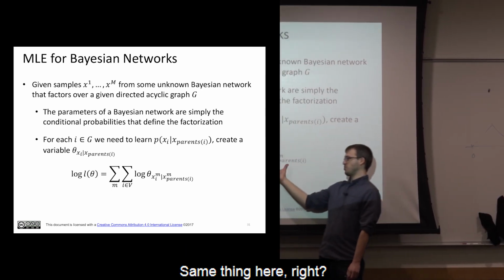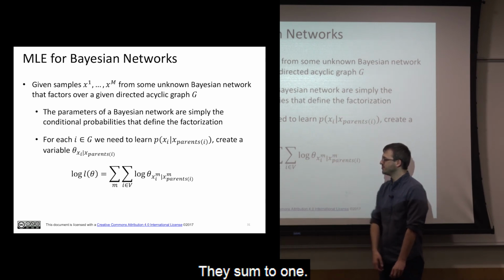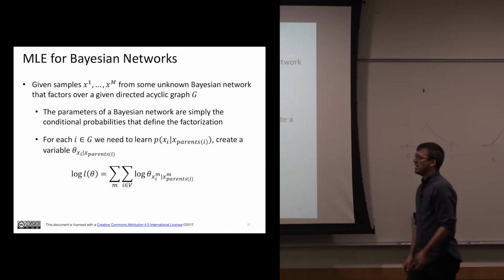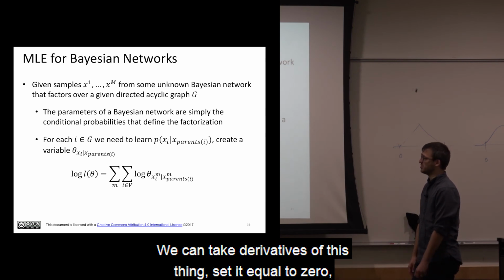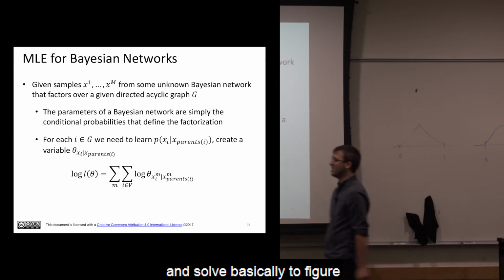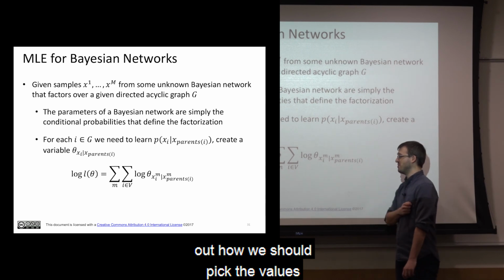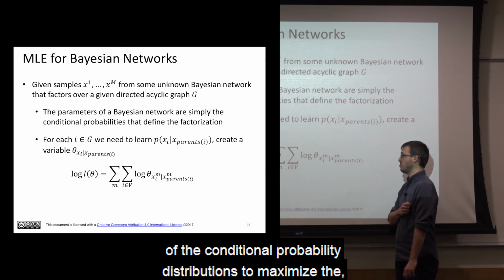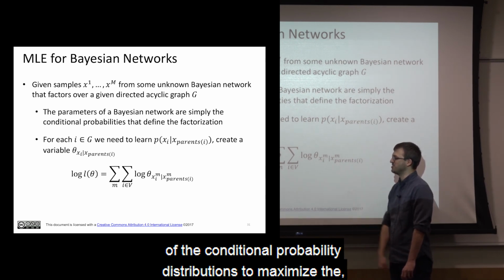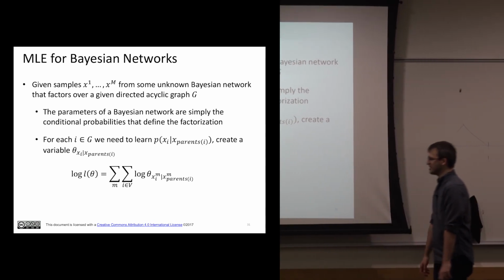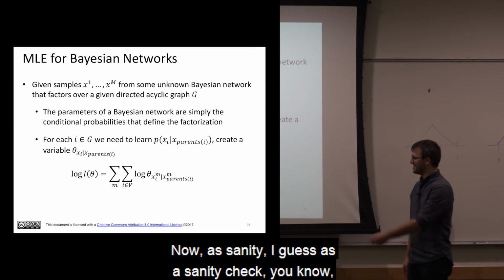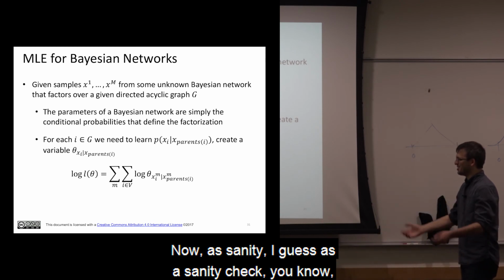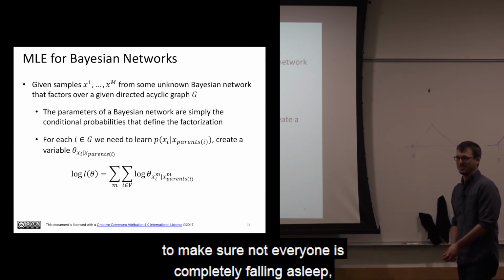These are actual probability distributions. They sum to 1. So we can apply exactly the same strategy. We can take derivatives of this thing, set it equal to 0, and solve to figure out how we should pick the values of the conditional probability distributions to maximize the log likelihood.